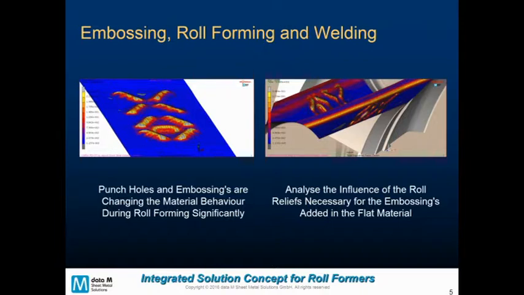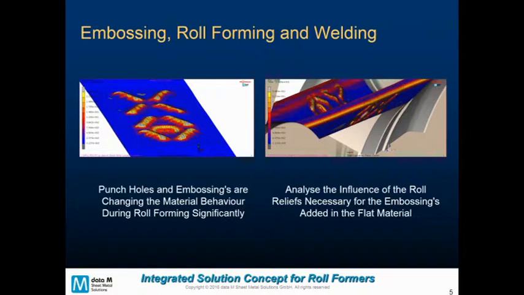Certainly, as you can see in the example here on the image on the right hand side, when the embossing is near to a forming bend, for example. And of course then we have to take steps to ensure that we have enough relief and clearance around those embossings in the rolls, to ensure that we don't flatten them out again during the roll forming process.